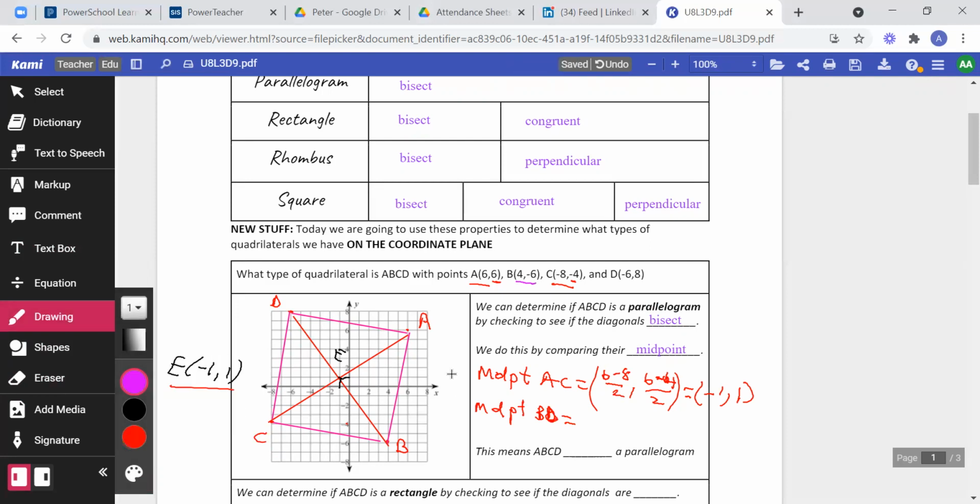B has X value 4, D has X value -6. Then I'm going to take the average. On the other side, B has Y value -6, and D has Y value 8.